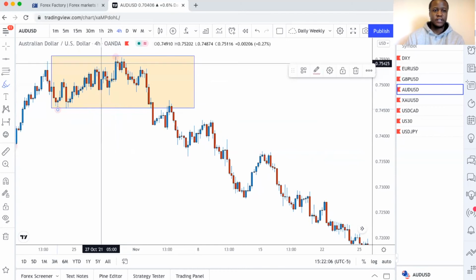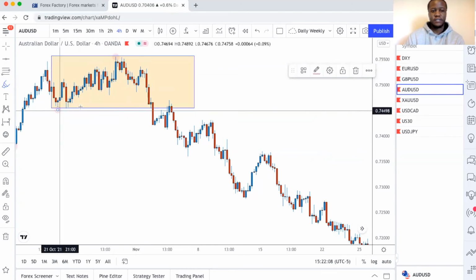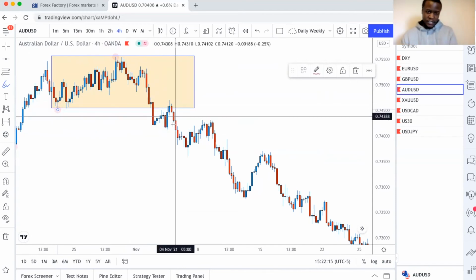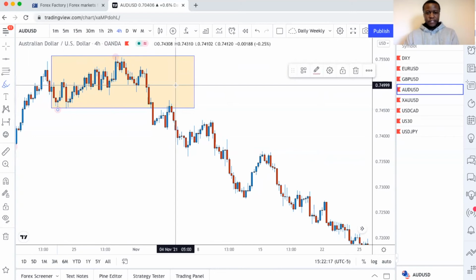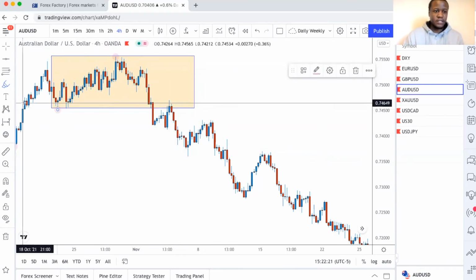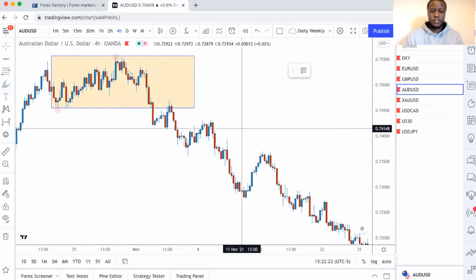You get it right here, new swing high, and this is broken right here. So you anticipate, you wait, a lot of waiting and anticipating for a swing high. So you want to enter on swing high. So let me write this down, guys.